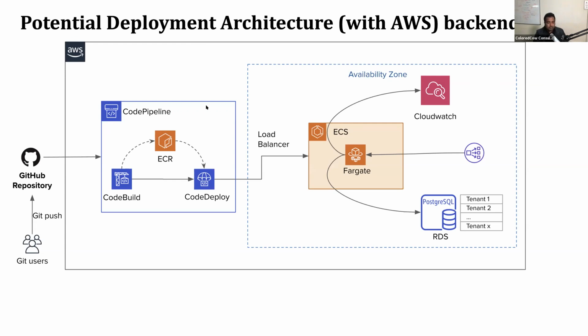We are using CodePipeline, which builds our code and makes a release, and then we use Fargate, which helps in the CD process and deploys that specific build on the server.